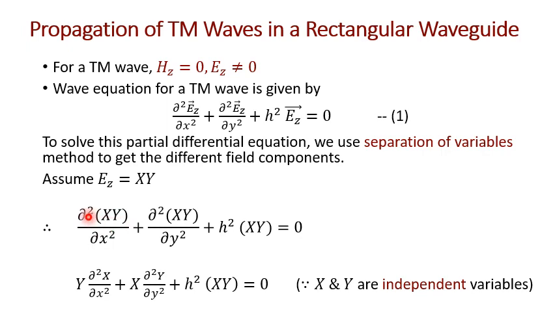So when I take the derivative with respect to x, Y is a constant, so it can be taken out. Similarly, if I take the derivative with respect to y, X is a constant and can be taken out. So you can write this as Y into ∂²X/∂x² plus X into ∂²Y/∂y² plus h² XY is equal to 0, since x and y are independent variables.